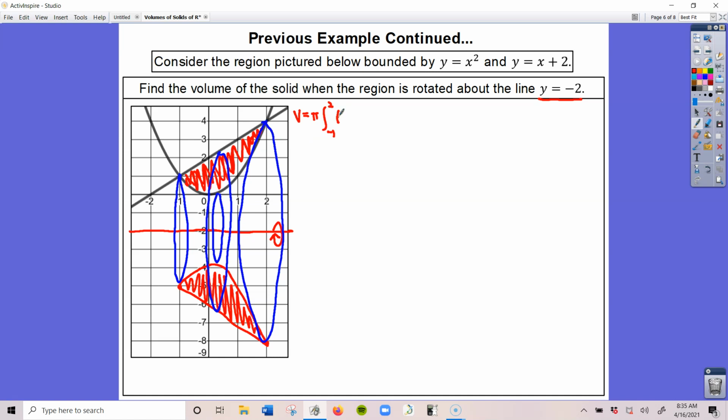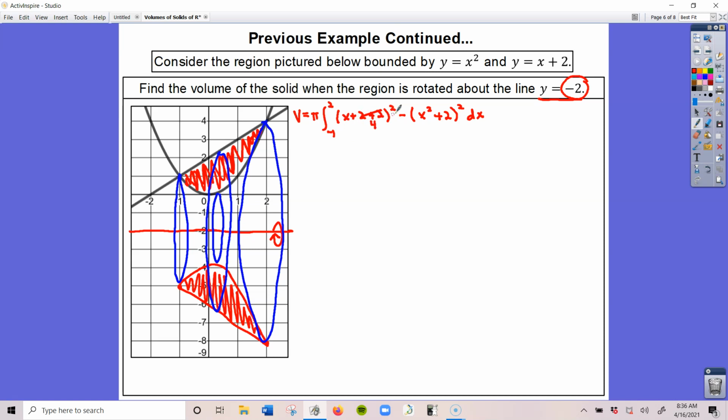So it would be my outer function, which is x plus 2, minus the axis of rotation, so minus -2, so plus 2, squared, minus, now my little radius is the function, which is x squared, minus the axis of rotation, so minus -2, so plus 2, squared. I can simplify this x plus 2 to be x plus 4.